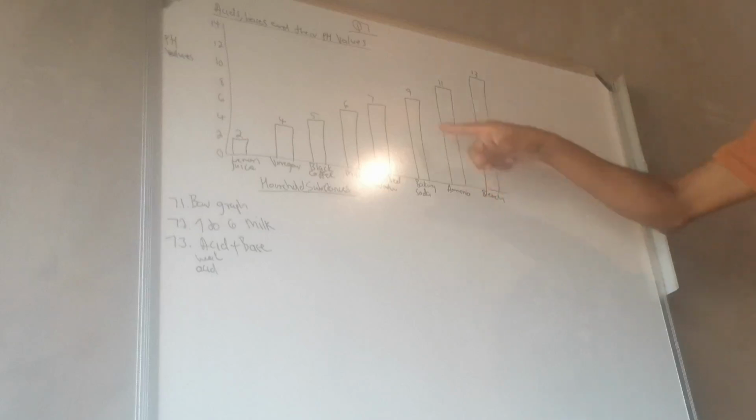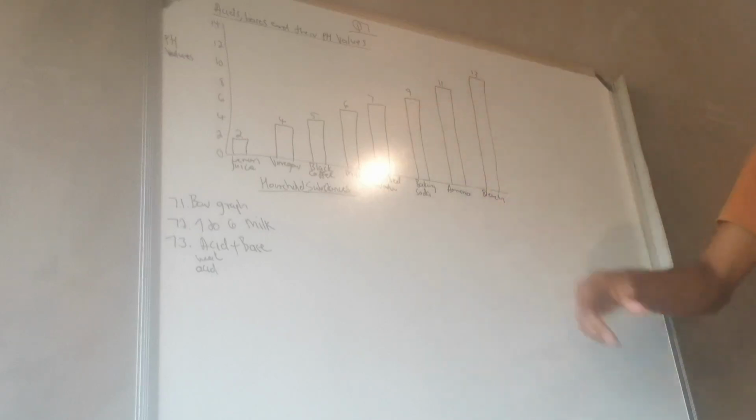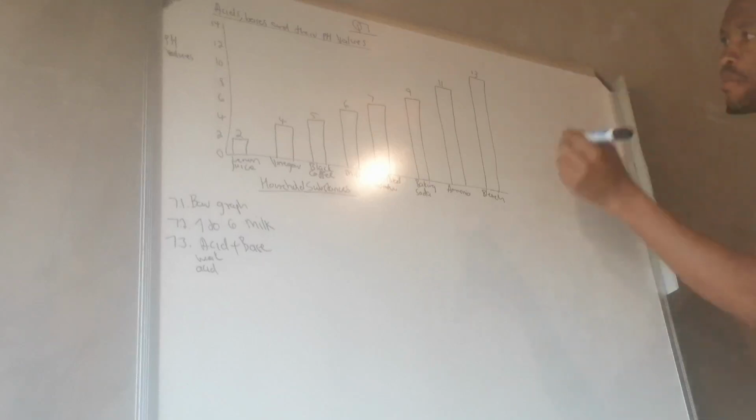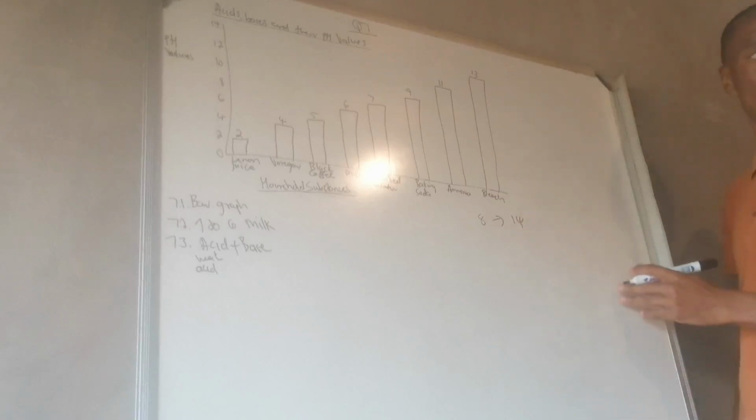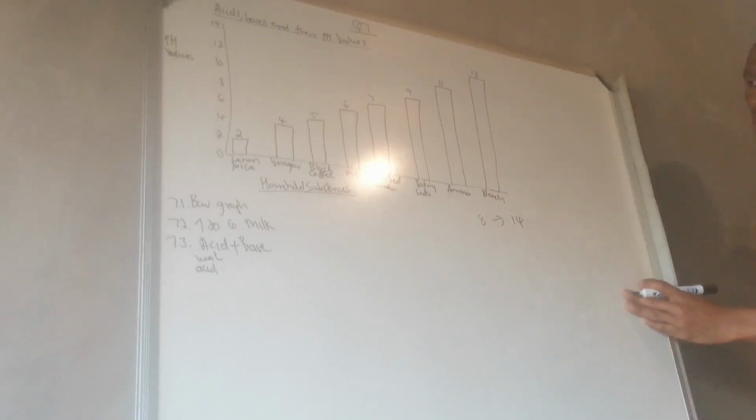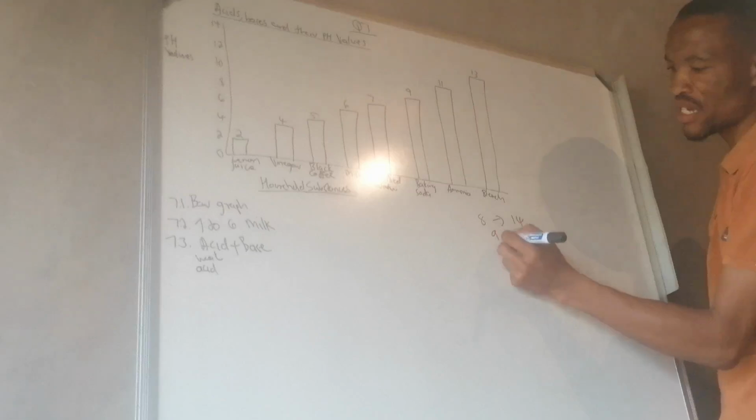Is the base, your baking soda, a strong base or a weak base? Remember, from 8 to 14, you are a base. So we have the number 9 here.